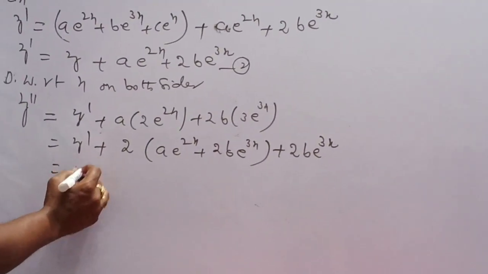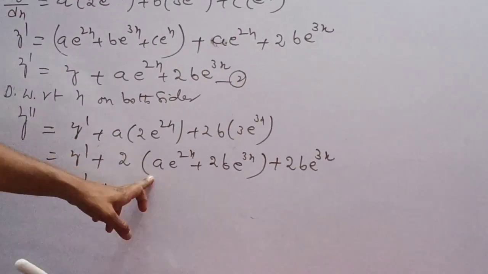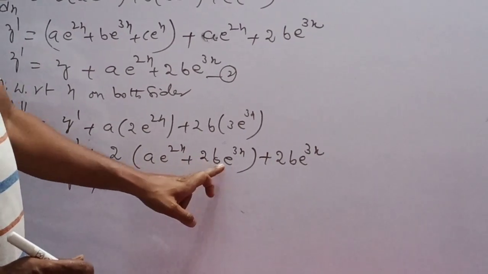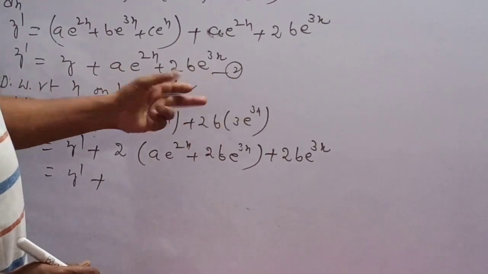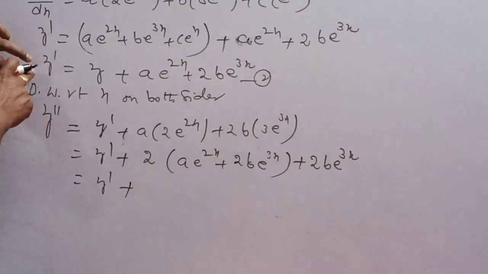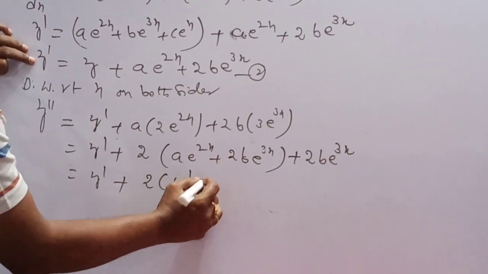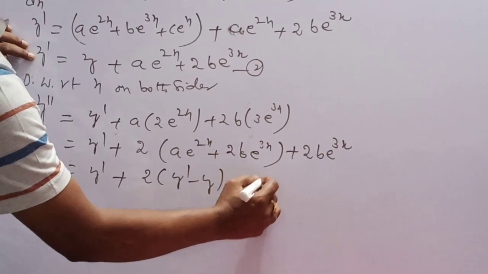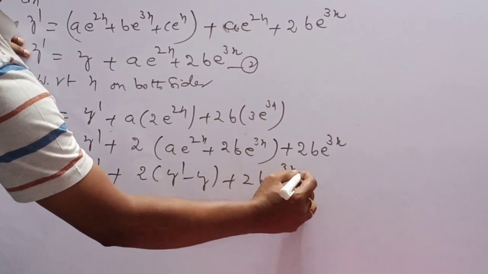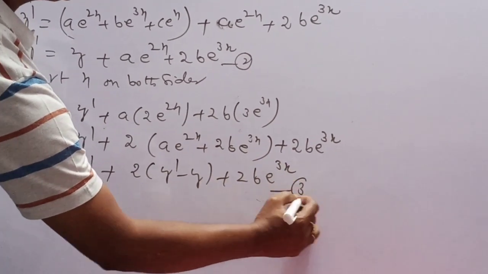So this equals y' plus a e^(2x) plus 2b e^(3x). By equation 2 this value equals y' minus y. So y'' equals y' plus y' minus y plus 2b e^(3x). This is equation number 3.